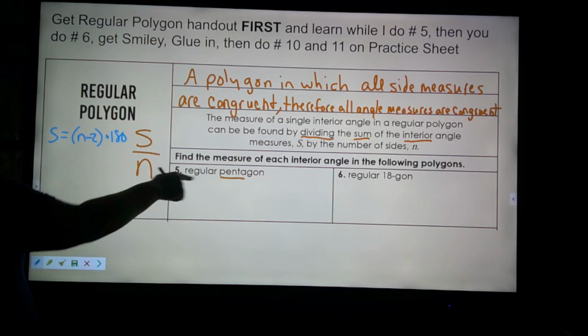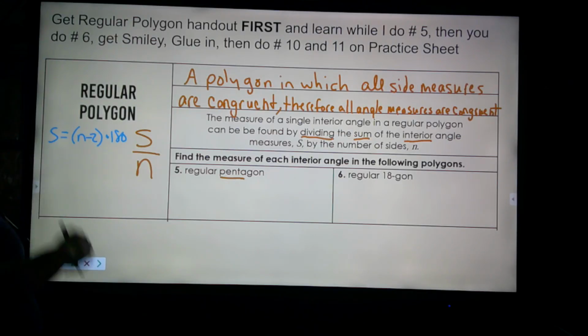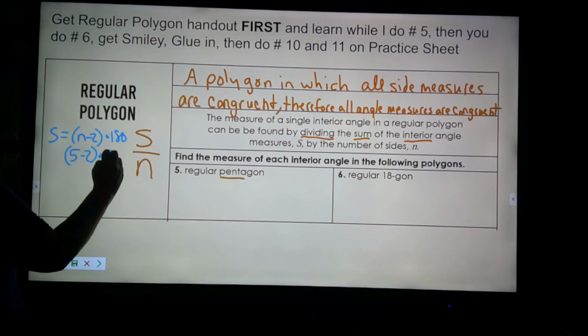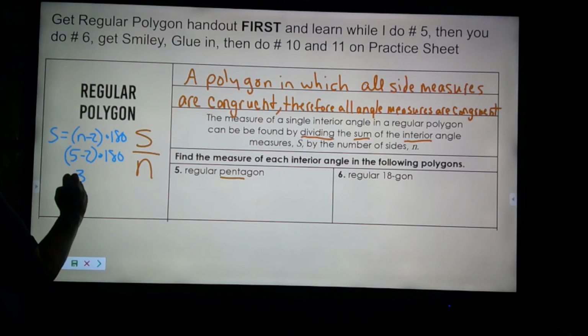If we know it has 5 sides, 5 minus 2 is 3 times 180.